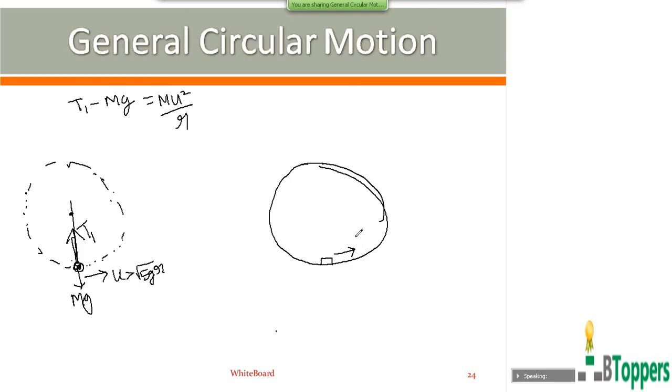Let us suppose the block is given sufficiently high initial velocity of magnitude u in the horizontal direction at the lowest position, so that it keeps moving in the vertical circular path continuously. So at the lowest position, the weight mg of the block acts vertically downwards, but instead of tension, you have normal reaction. That's the only difference here.